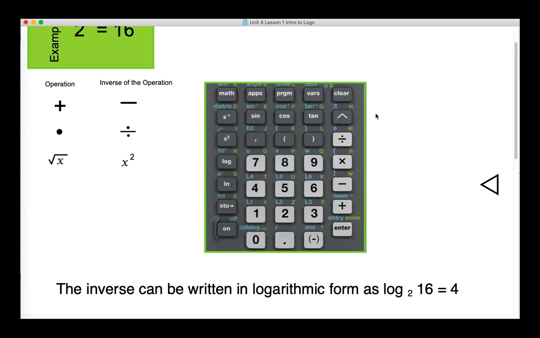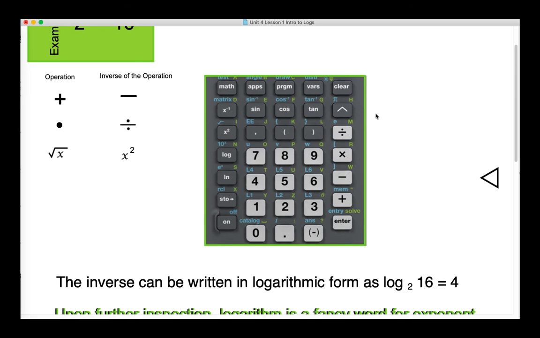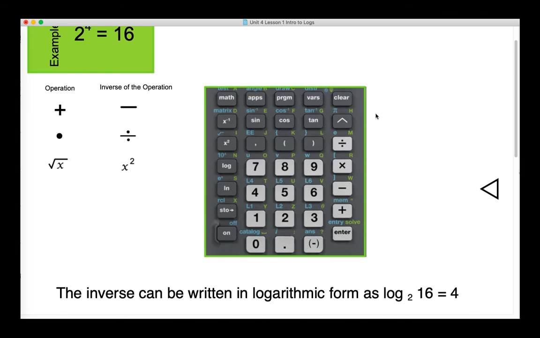So the inverse of an exponent can be written in logarithmic, ooh, there's a big word, form as log base 2 of 16 equals 4. What does that mean? Well, first of all, let's get this straight. We abbreviate logarithmic as log, and you saw that on your calculator. There's no way we can fit the word logarithmic on your calculator, so it's considered log.